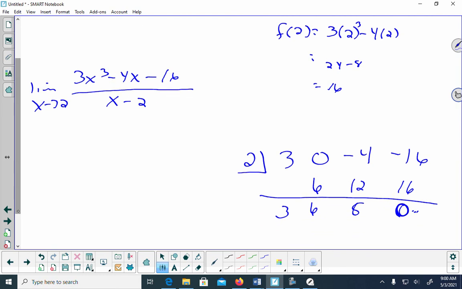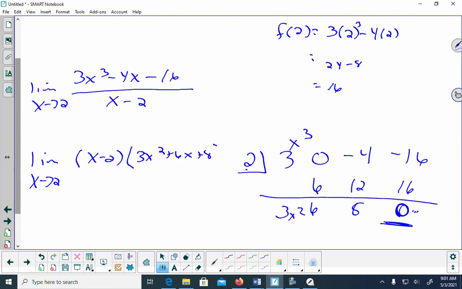So when I rewrite this, I'm going to write the limit as x approaches 2. So one of my factors is the x minus 2 because this 2 ended up with a 0, so I know it's a factor. And then I'm left with, remember, this started with x to the third, so this is x squared. So this is 3x squared plus 6x plus 8 all over x minus 2.